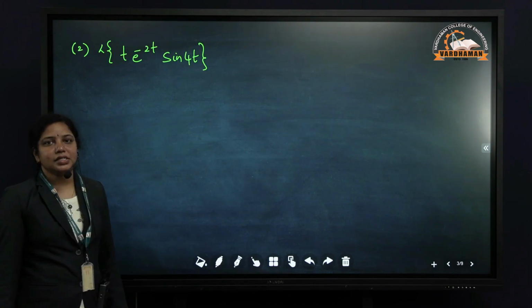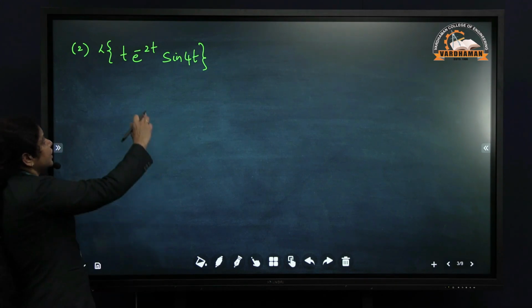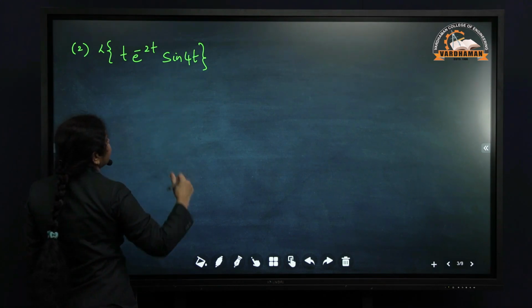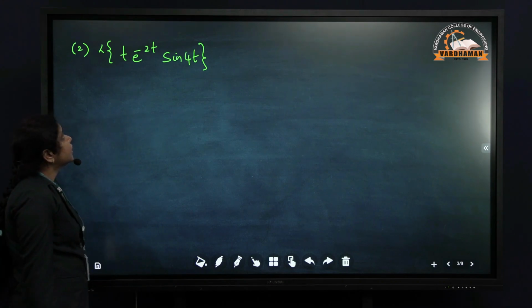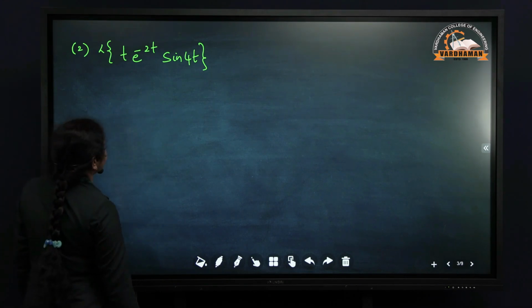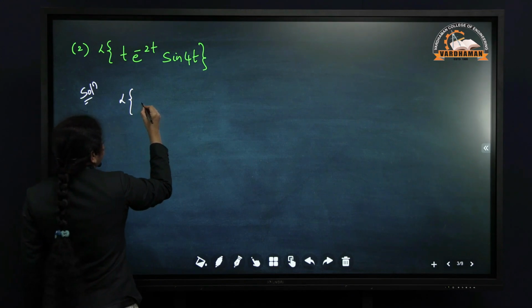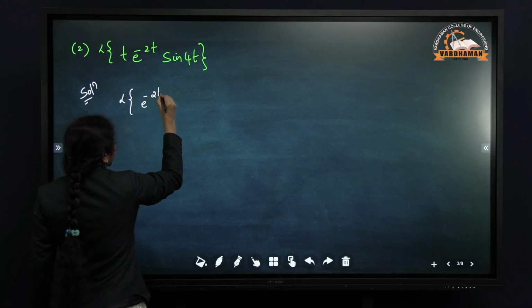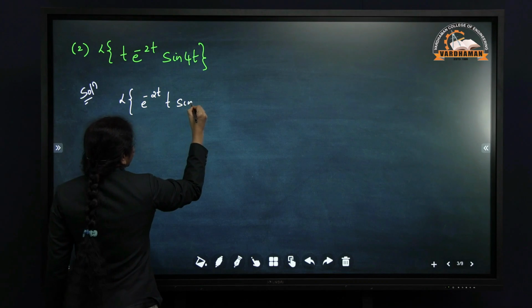And the next example is the Laplace transform of t e power minus 2t sin 4t. We need to evaluate this problem using multiplication by t power n. Here we need the Laplace transform of e power minus 2t t sin 4t.